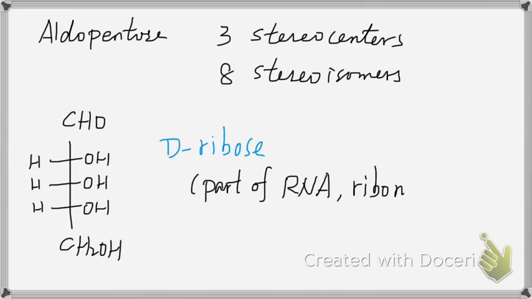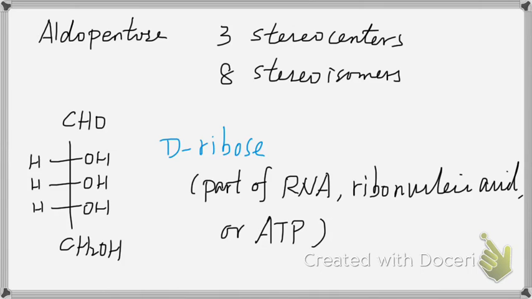This is the D-ribose. D-ribose is part of RNA. RNA is the abbreviation of ribonucleic acid. Okay, and the D-ribose is also part of ATP, the energy source for our body.